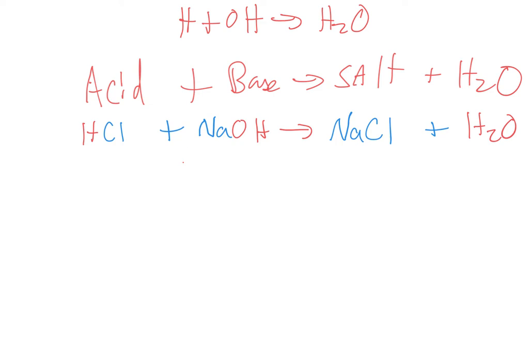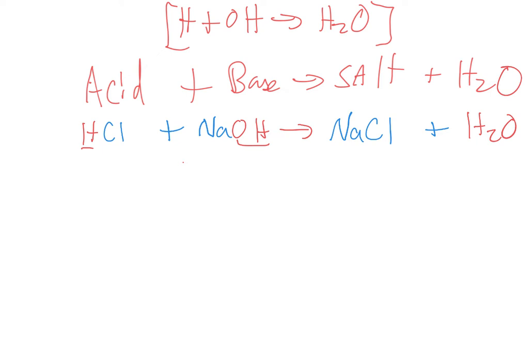So in our example here, remember, we're working on the concept of this. When you have a hydrogen ion and you mix it with a hydroxide ion, it's going to produce water. And so remember, the key component of an acid most of the time is the H in the acid that gives its acidity, and with the base you have the OH, which is what causes it to be a base.